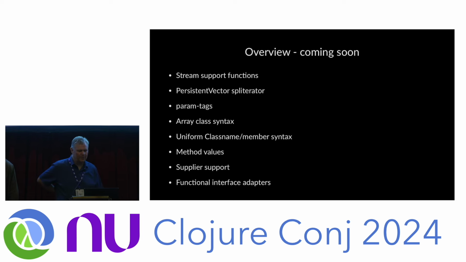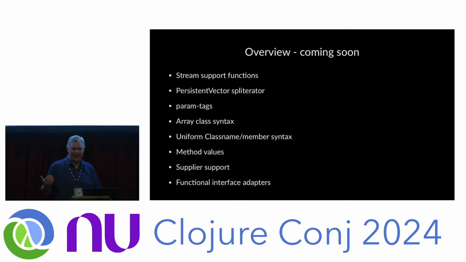I think the one that's maybe the most generally useful is the method values stuff. I think most people have written code that has an anonymous function wrapped around a method invocation. And you can combine that with the functional interface adapters. For example, if you have an interface that takes a supplier, one very interesting kind of supplier is a constructor.